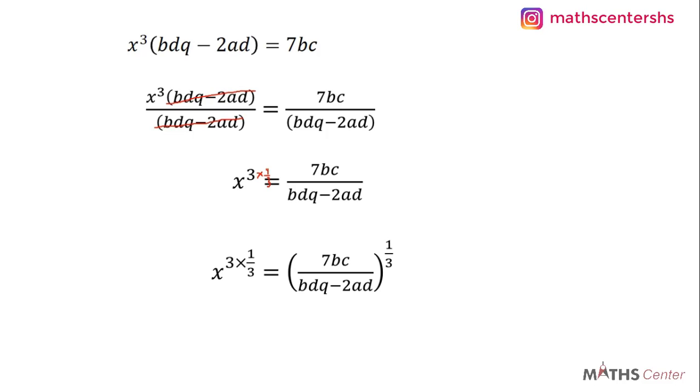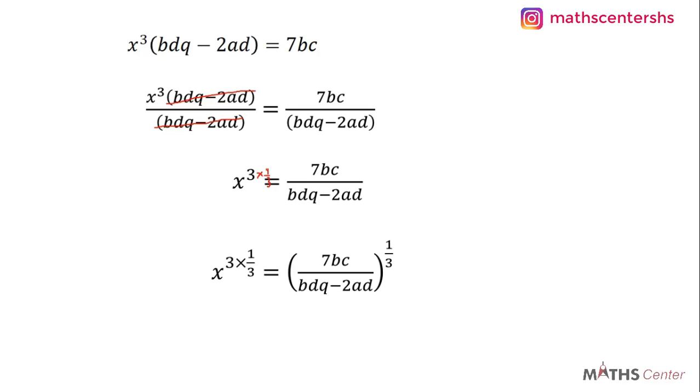Now because what you do to the left hand side, you do the same thing to the right hand side. When you come here, you raise what is on the right hand side to 1 over 3. Here, the 3 is an exponent. So if you multiply it by 1 over 3, you have to raise what you have here to the power 1 over 3.